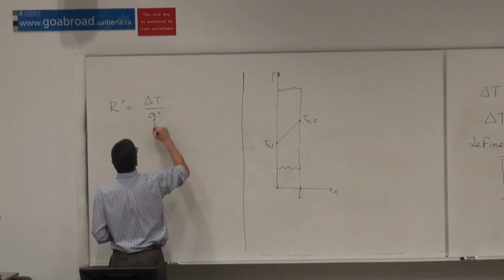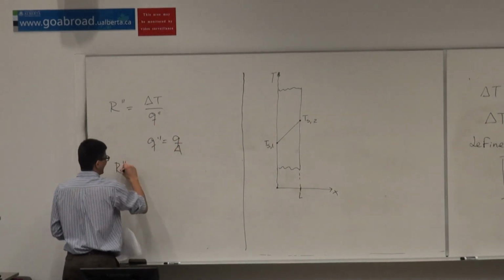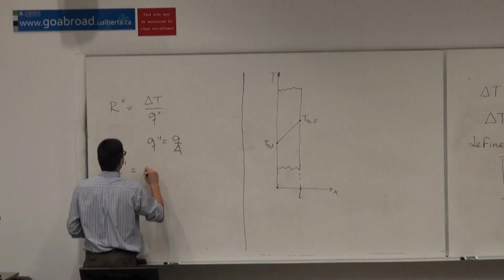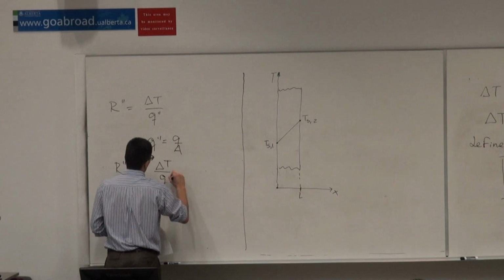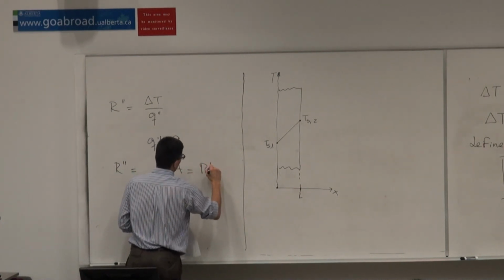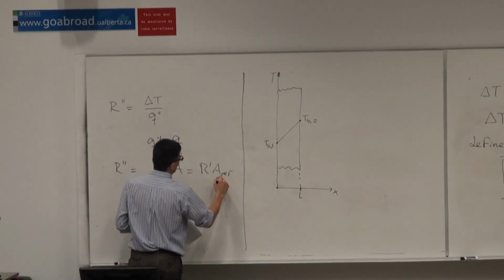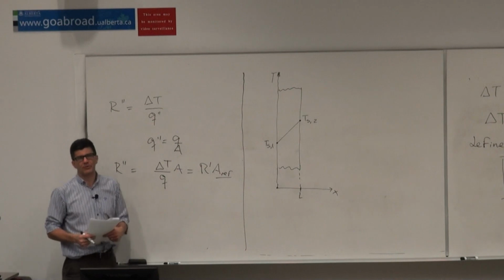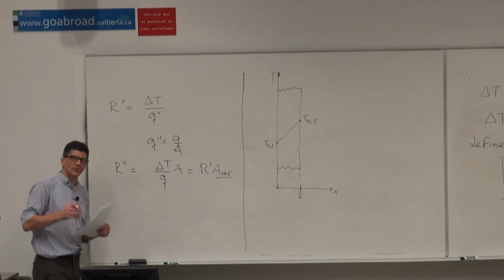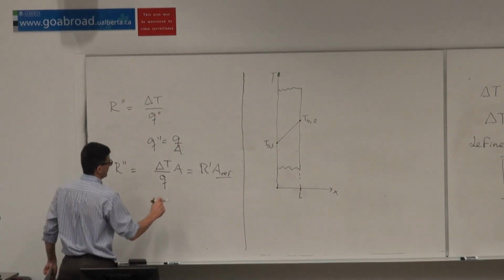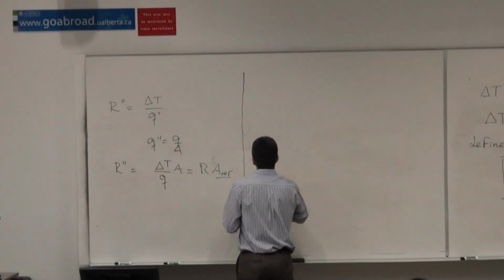If you do this, you realize that Q double prime is Q over A, so we would have delta T over Q times A, which is R times A of reference. And this reference area in a window is a trivial thing. In a cylinder, like a heat exchanger, it's not trivial because the inner surface is smaller than the outer surface.